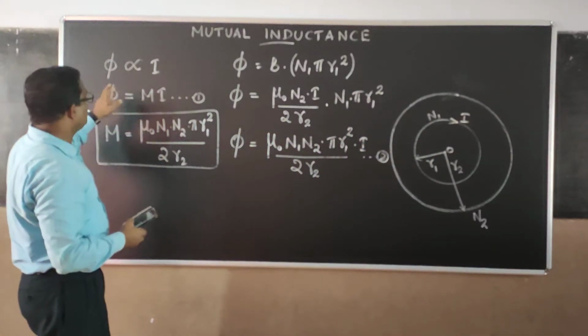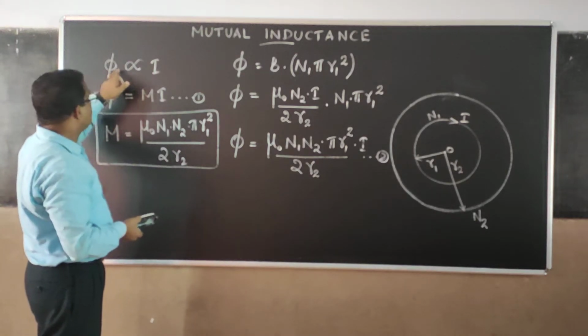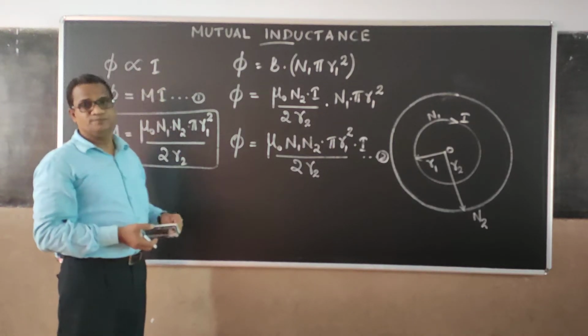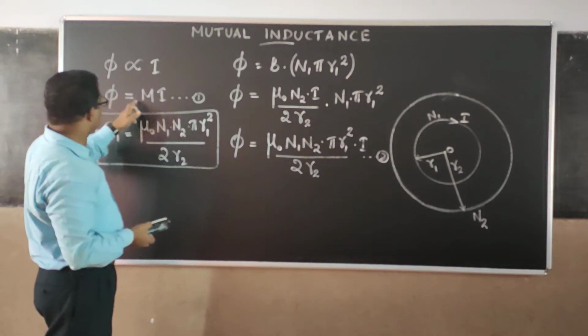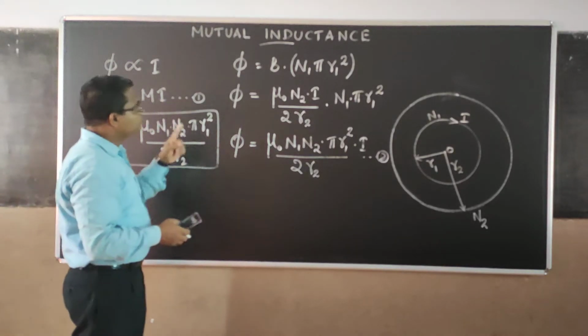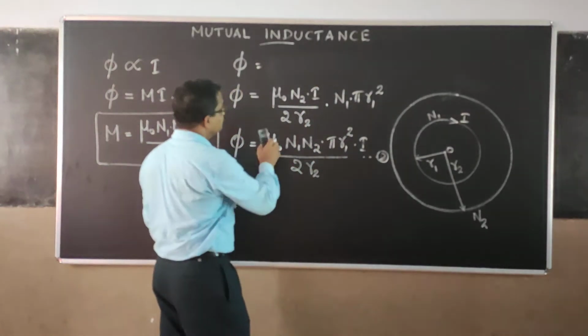So, again we start with the flux phi linked with the outer coil, which will be directly proportional to the current flowing through the inner coil. So phi equal to M into I, equation 1, there is no change. But when we consider the flux in terms of magnetic fields, here is what happens.